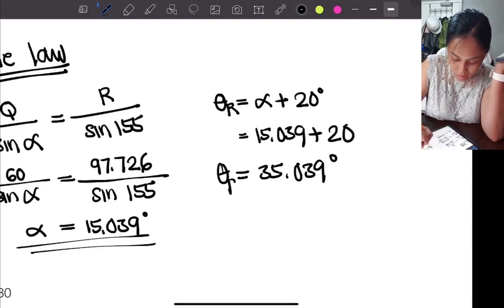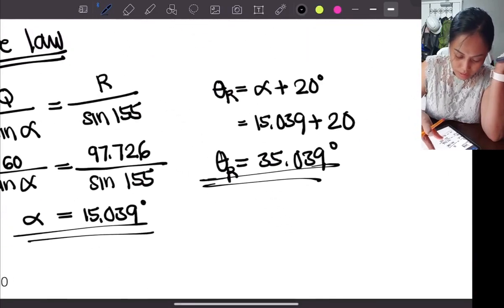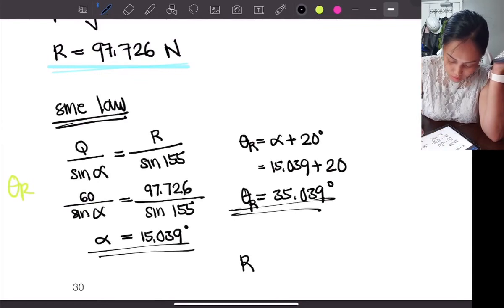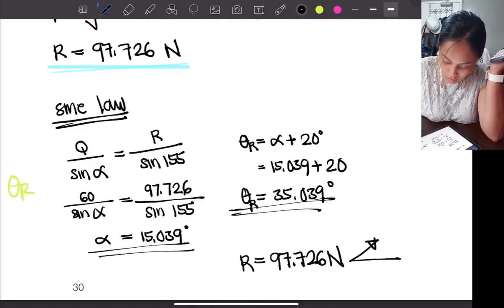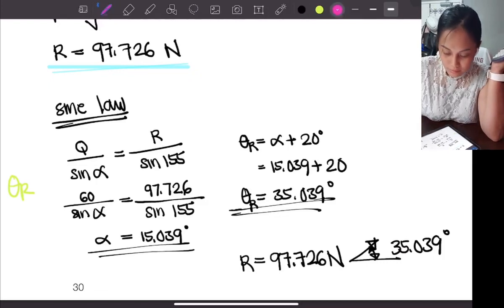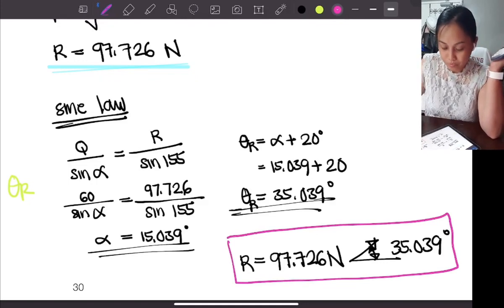This is theta R. The final answer: the resultant force is equal to 97.726 newtons, with a direction from the positive x-axis of 35.039 degrees.